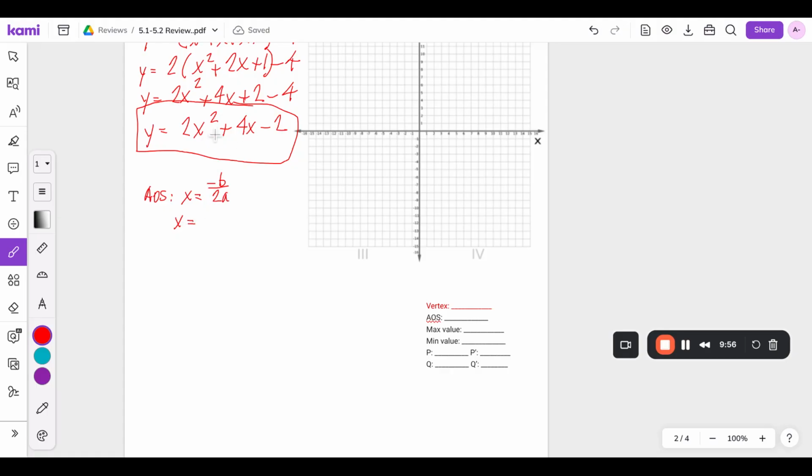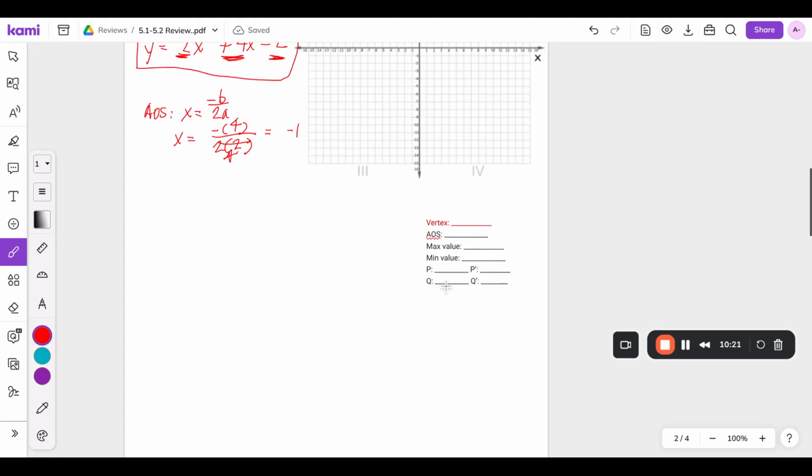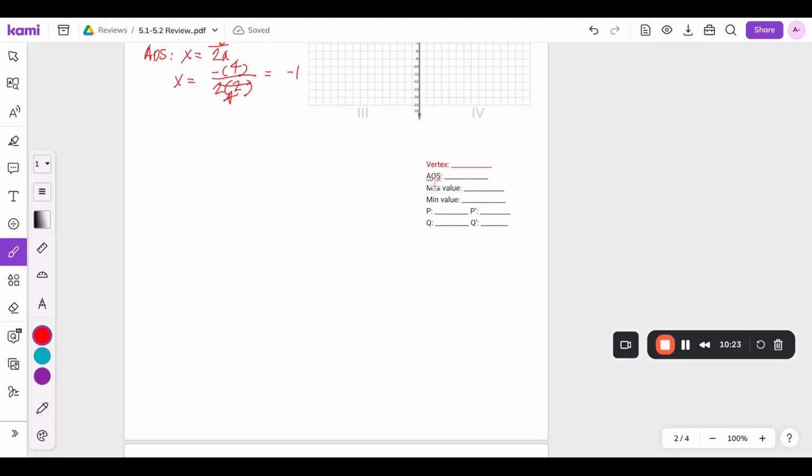So x equals, remember this is your a, this is your b, this is your c. So I've got negative b over 2a. b is 4. a is 2. And so look, this bottom here, 2 times 2 is 4. Negative 4 divided by 4 is negative 1. So the equation for your axis of symmetry is x equals negative 1.